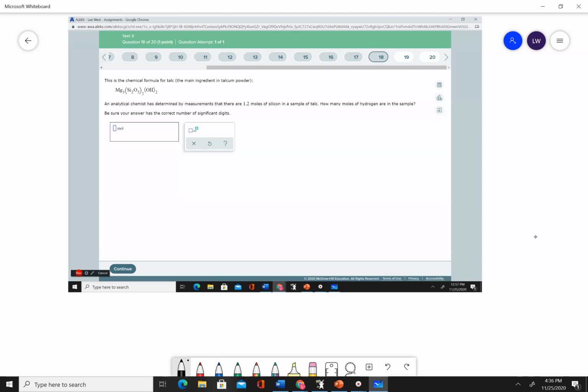So again, what I would do is write it out so that it has no parentheses, and so you can very easily see what the mole ratios are. So 2 silicons times 2, so we've got 4 silicons. And then oxygen here, we've got 2 times 5, so that would be O10.